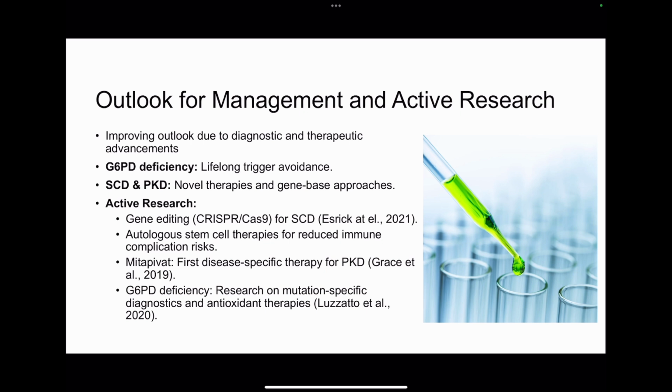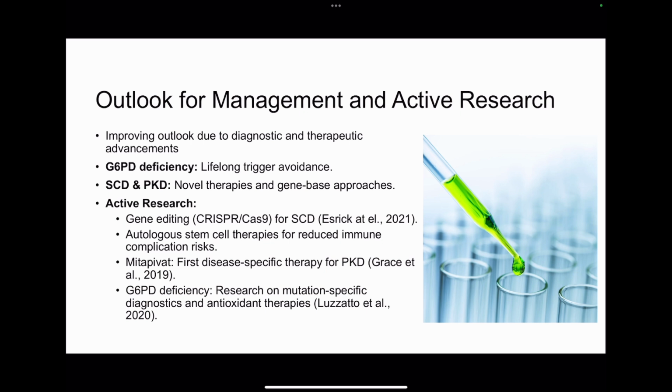But for sickle cell disease and PKD, novel therapies and gene-based approaches are revolutionizing care. So active research is underway in gene editing, like CRISPR-Cas9 for sickle cell disease, showing promising early outcomes in clinical trials.